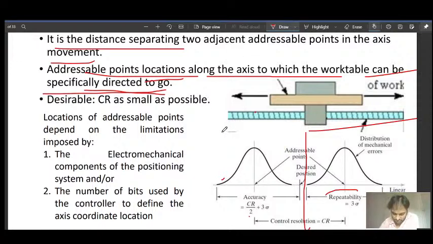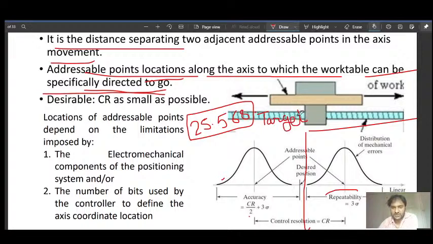Say you have to achieve 25.568, and this is your target. It means you want to achieve it, that becomes your target or your desired position.